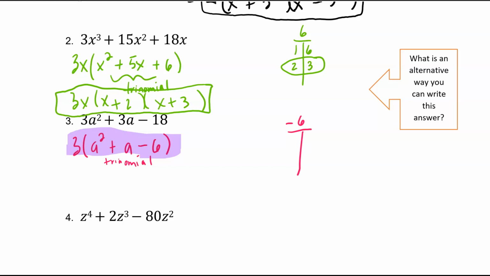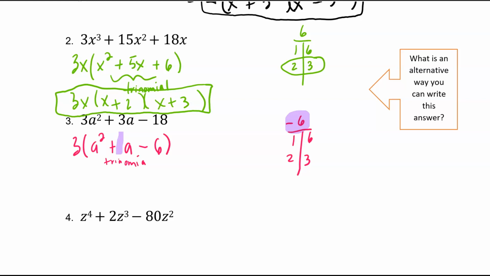So when you look at this, we have C here, the negative 6 here is our C. Again, we have 1 and 6 and 2 and 3. But we're looking for factors that multiply to give us negative 6, but at the same time add to give us B. Now what is B? 1.